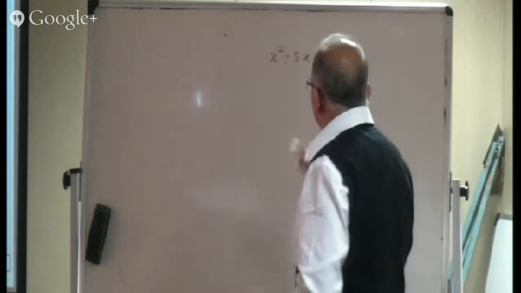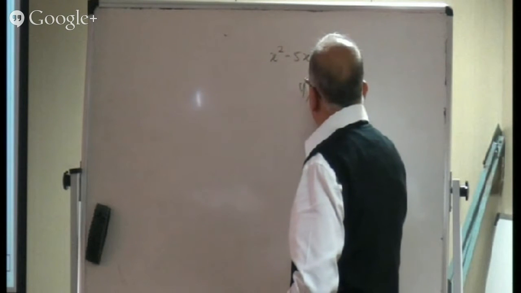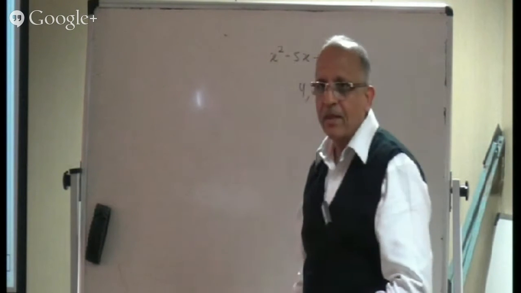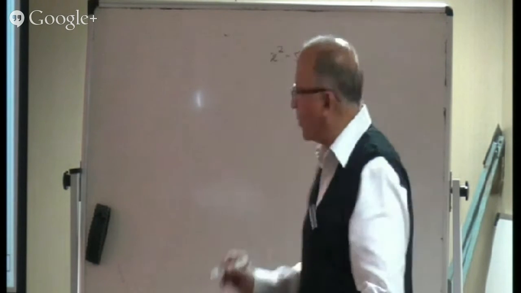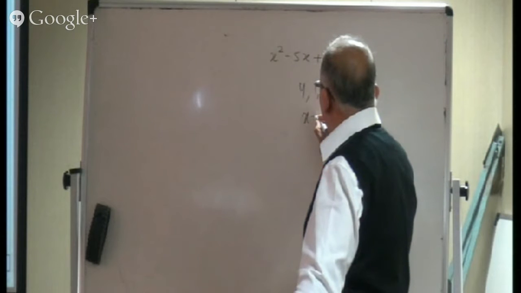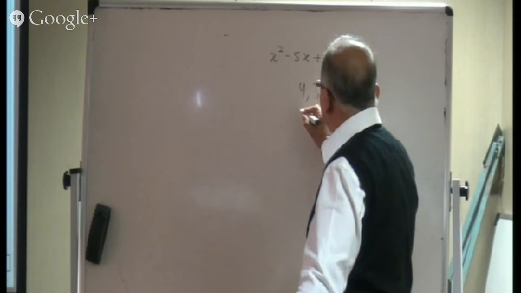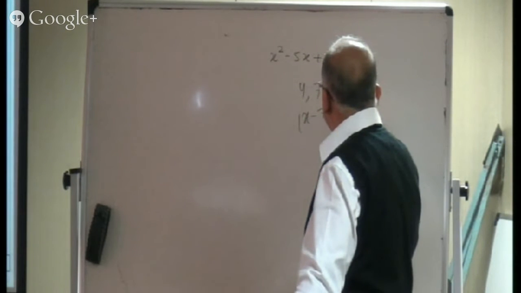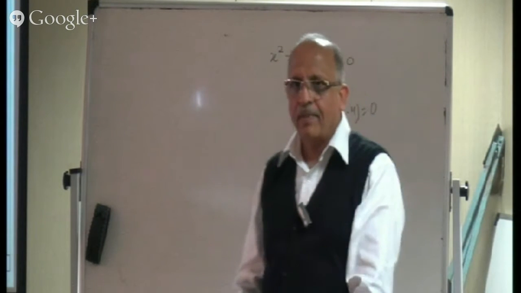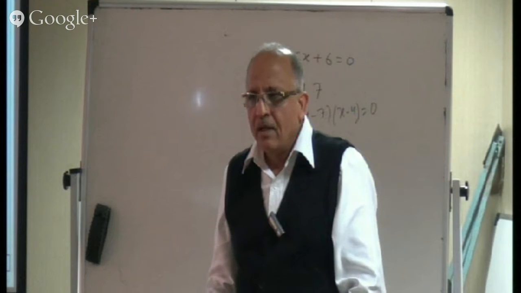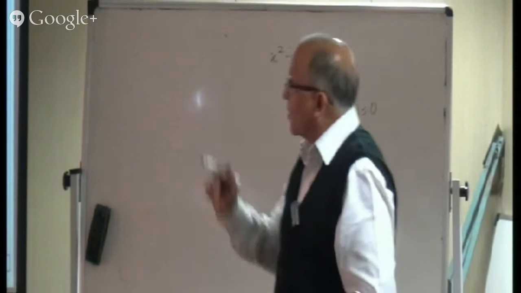But suppose you are given that an equation has got two roots, 4 and 7. Just these two roots. How do you write the equation? A possible method is this. Now look at this question.